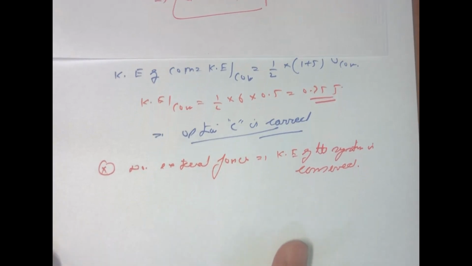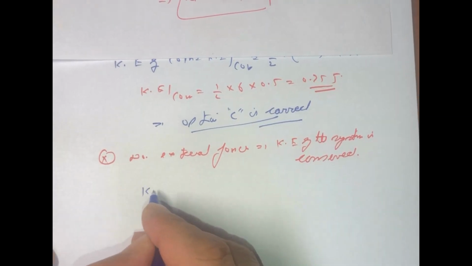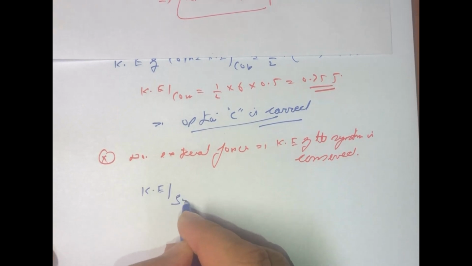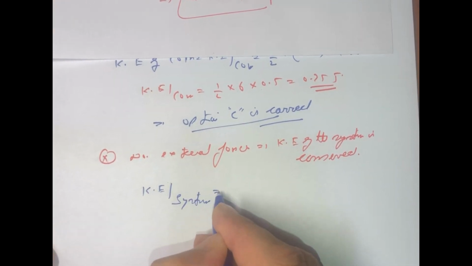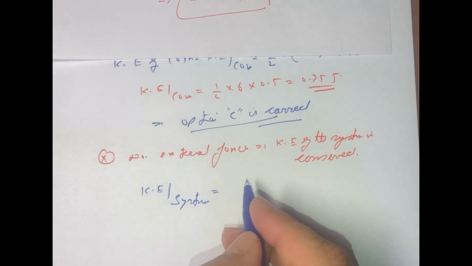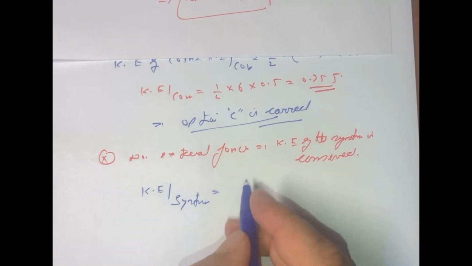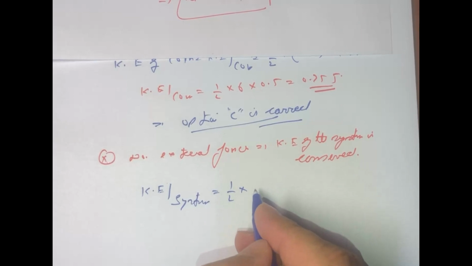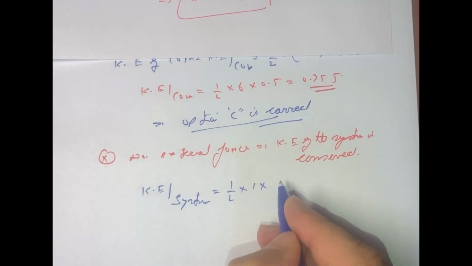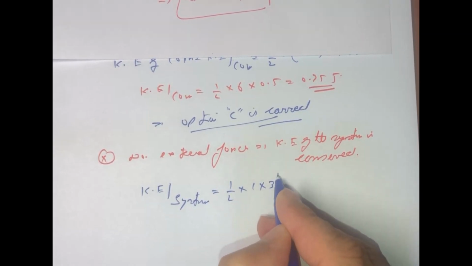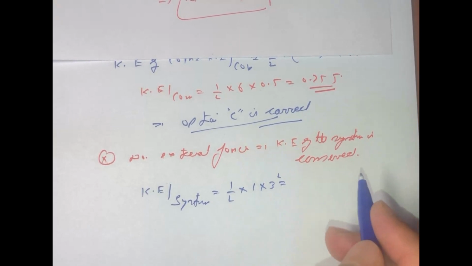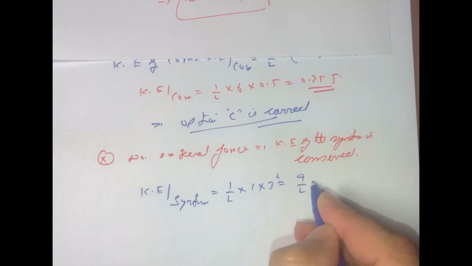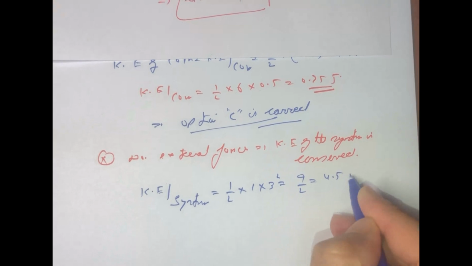The kinetic energy of the system will be equal to half multiplied by 1 multiplied by 3 squared, which comes as 9 by 2, so this will be 4.5 joules.